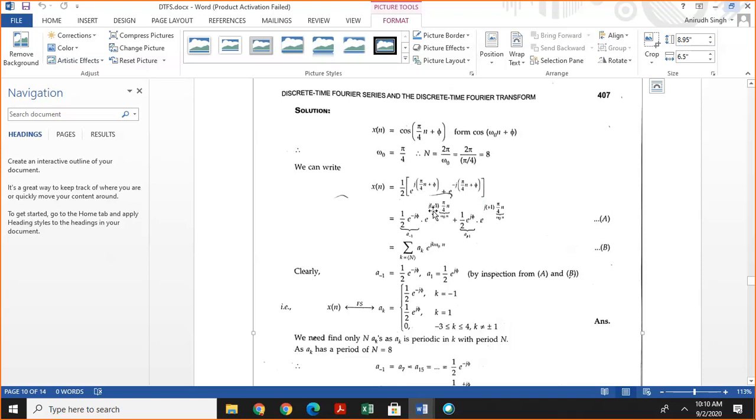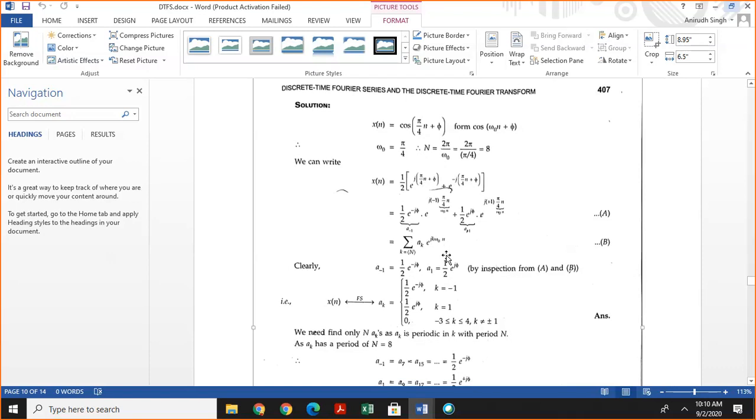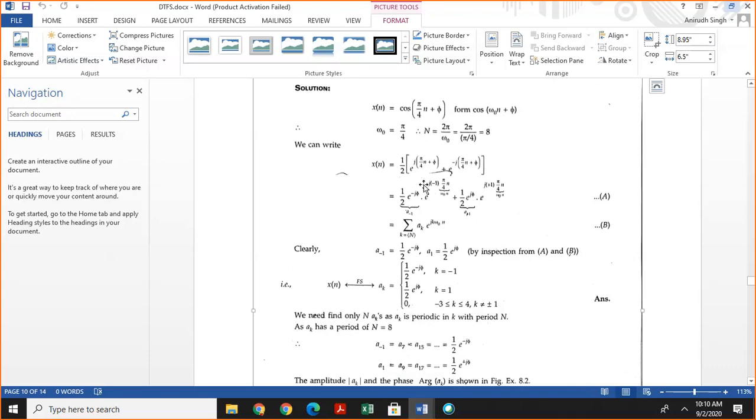It means this is the value for a minus 1. This is for minus 1, and this is for plus 1. So we can say this is the Fourier coefficient a minus 1, and half exponential j psi is the Fourier coefficient a1. So a1 is given by half exponential j psi, and a minus 1 is given by half exponential minus j psi.